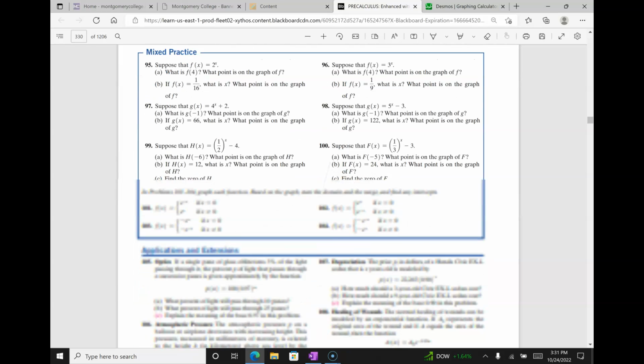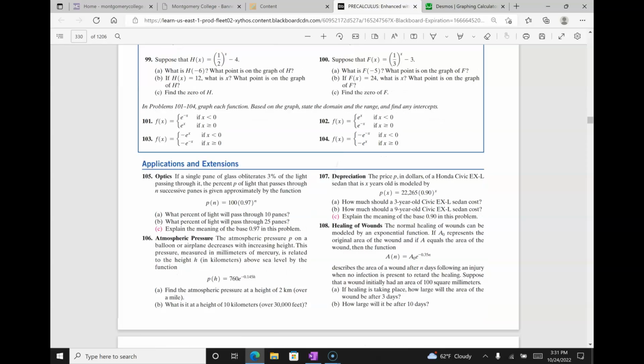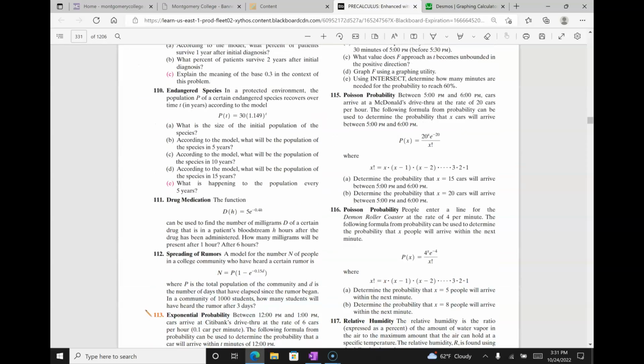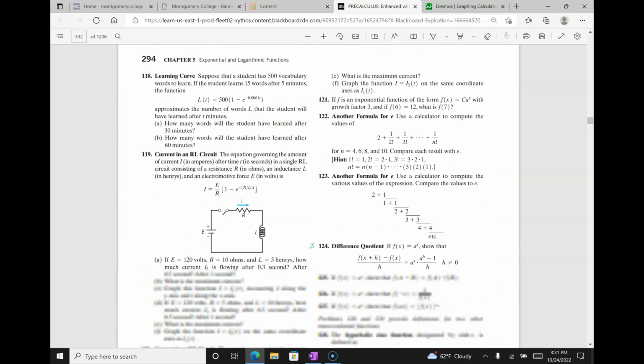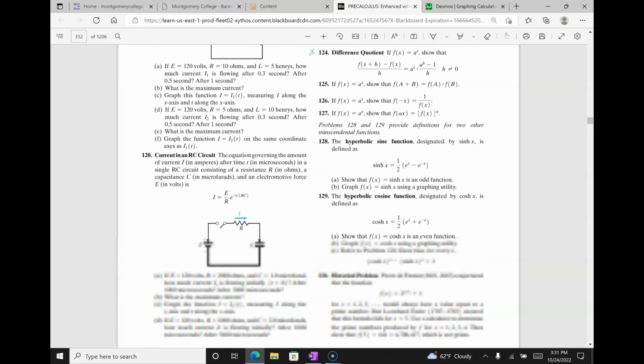Factor a polynomial with synthetic division, graph a rational function, prove an inverse, find an inverse, check an inverse.